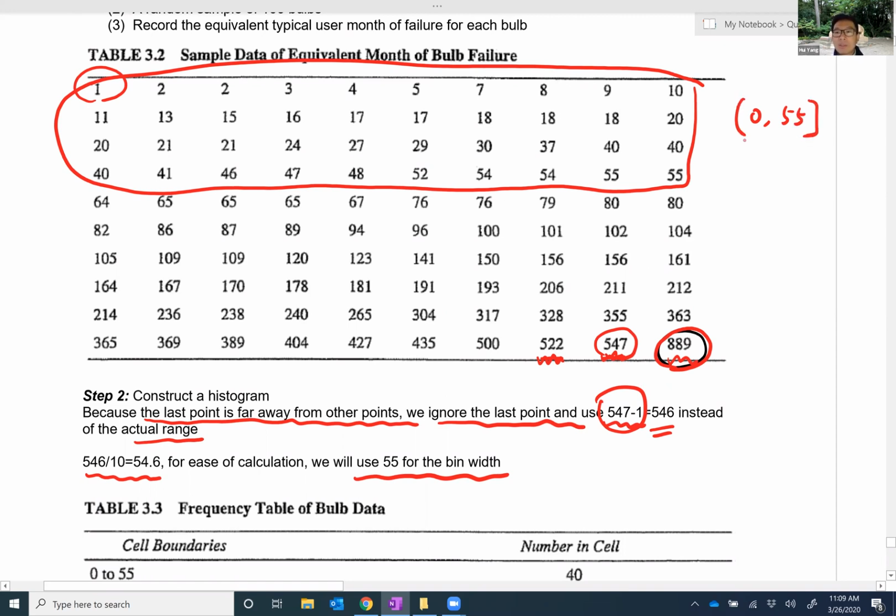Okay, so this is this range. How many failures do we have? We have 40 failures, 40 observations, or you can say 40 observed failures in this range.